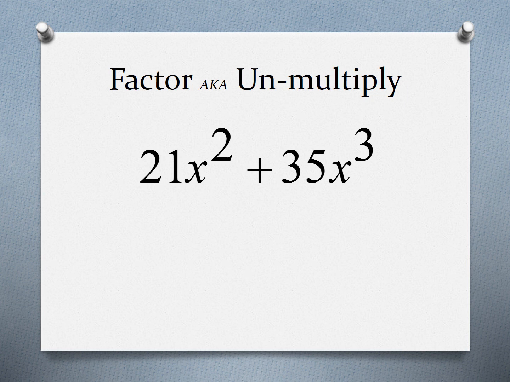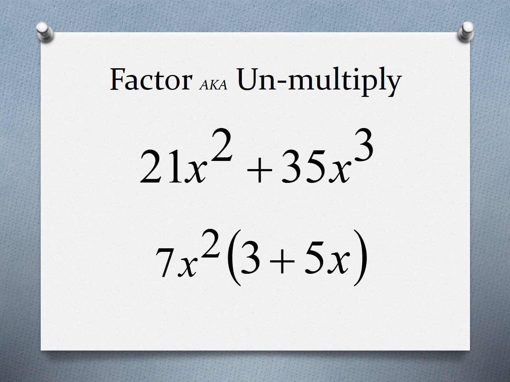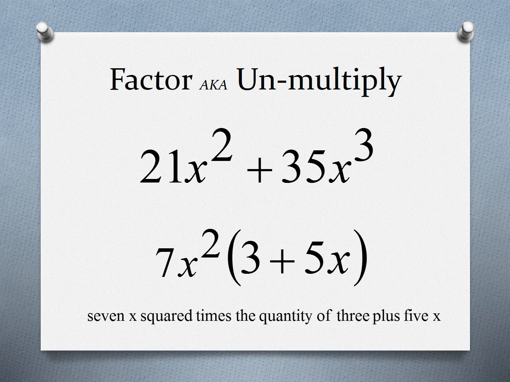So in order to unmultiply this one, we're going to use the method that we know as finding the greatest common factor. So you'll find the greatest common factor, 7x squared. You identify what has been left behind, and you will call this the factored form of your original polynomial. So our original polynomial is 21x squared plus 35x cubed, and the factored form of that polynomial is 7x squared times the quantity of 3 plus 5x.